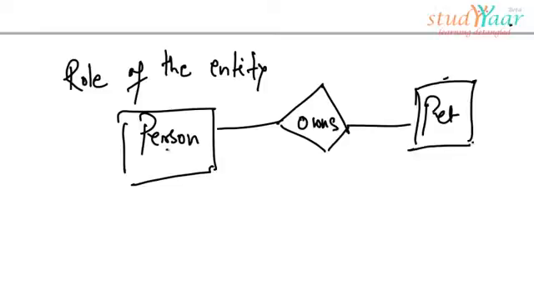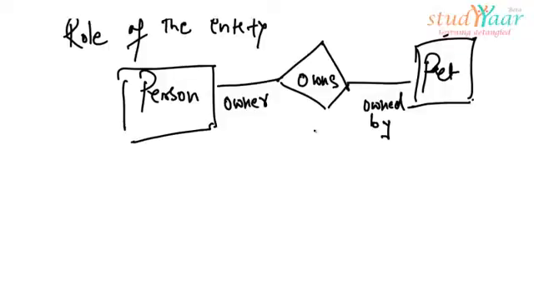So the role of person in our case is that of owner. He is interacting as an owner. And the pet is interacting as something that is owned by. Okay, so pet is owned by the owner, and the owner owns a pet. Okay, so every entity has a role.